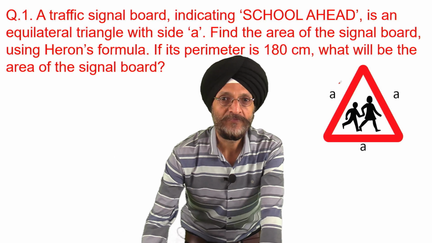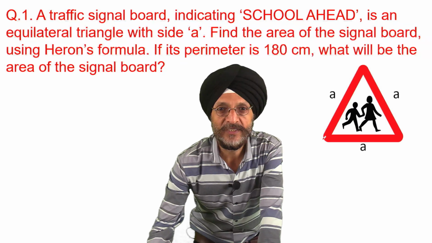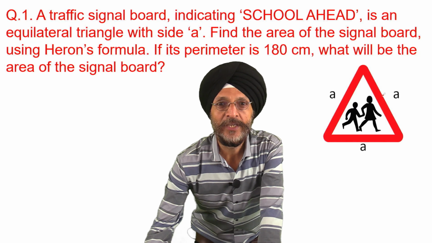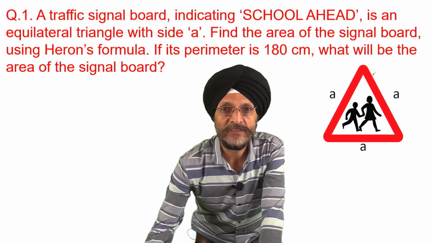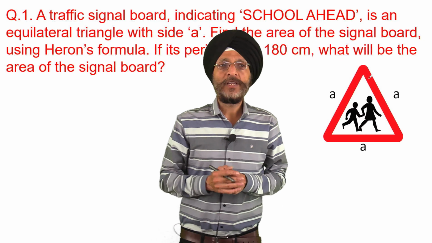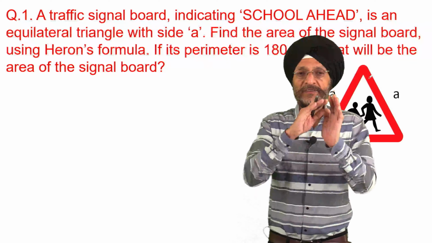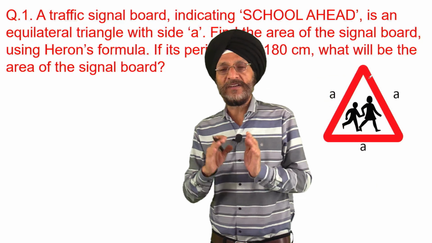In this picture, you can see the equilateral triangle in which all the sides are equal. An equilateral triangle is a triangle in which all the sides are equal.